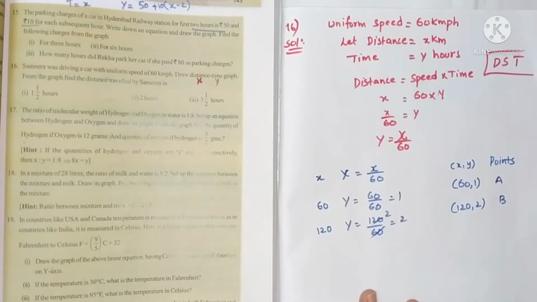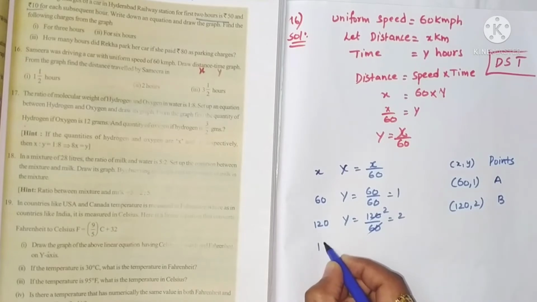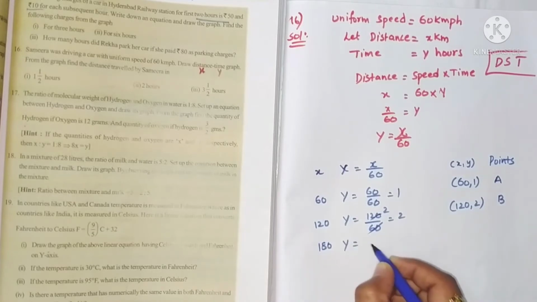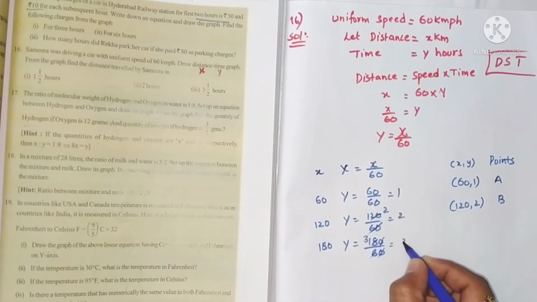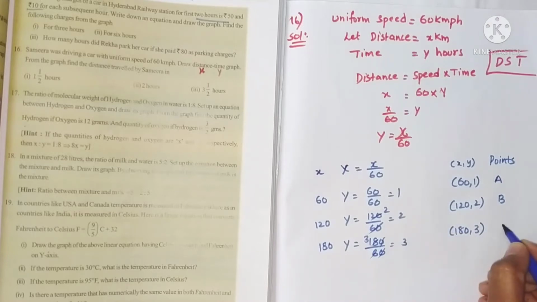Again we take 6 3s are 18, so 180. y equals 180 by 60. The zeros cancel, 6 3s also you can do. So 180 is the x value, 3 is the y value.